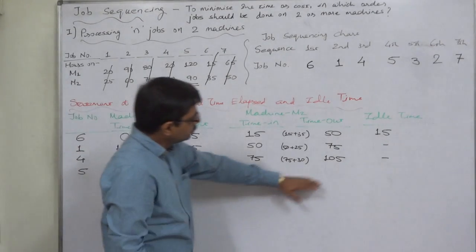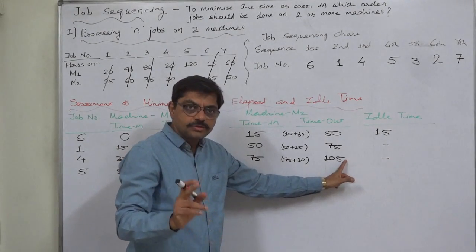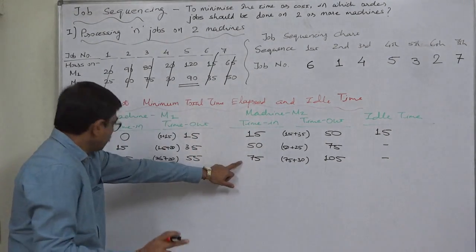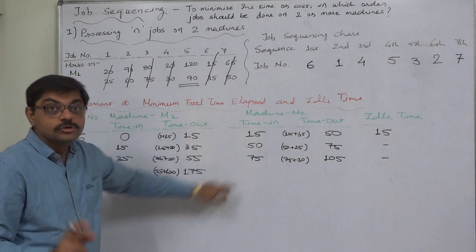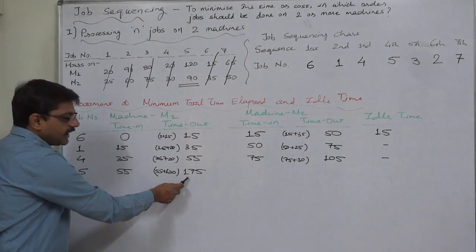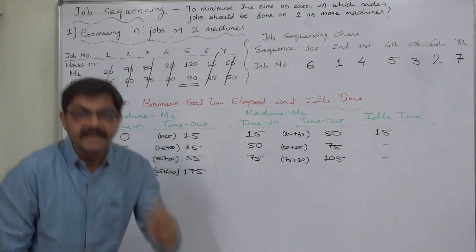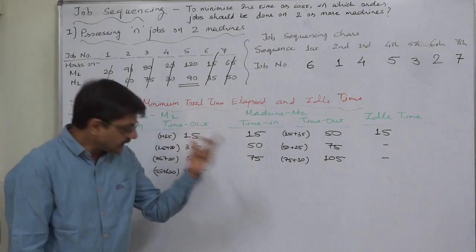Now on machine 2, the scenario is that at the end of the 105th hour, machine 2 has become free from job number 4. So from the end of the 105th hour to the end of the 175th hour, machine 2 was waiting for a job. It was empty.